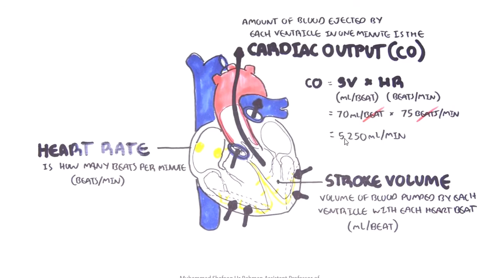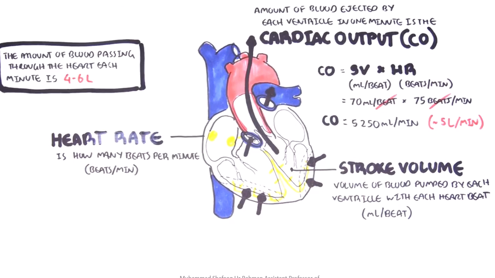The result is 5250 milliliter per minute cardiac output, that is approximately 5 liter per minute, which is the amount of blood passing through the heart each minute, that is almost 4 to 6 liters. So the heart rate and stroke volume are used to calculate the cardiac output.